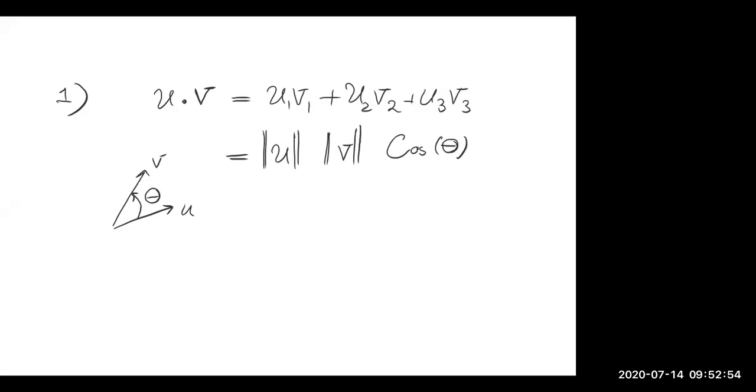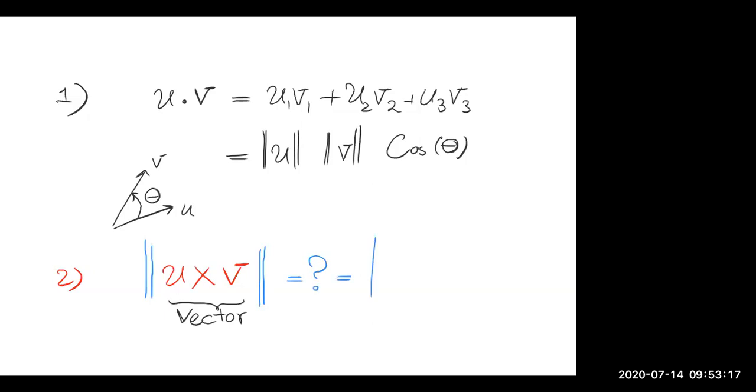Now about cross product. Remember, unlike inner product, the result of cross product is a vector itself, right? So we can ask, what is the length of this vector? And the answer is very similar to inner product.